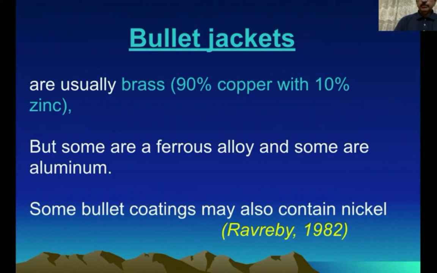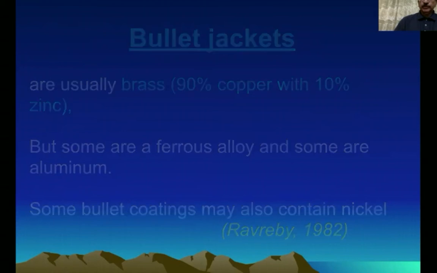That means the lead bullet has been covered with a fine layer of another alloy of metals to make its surface smooth. That is known as jacketing, the bullet jacket, to make the surface of the bullet smooth.